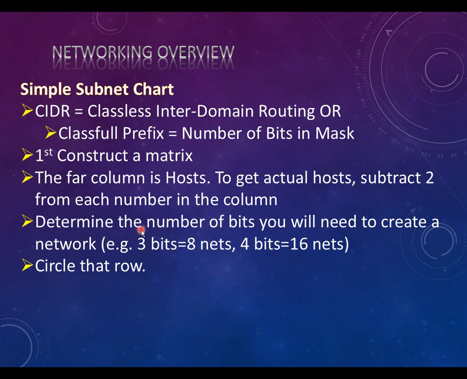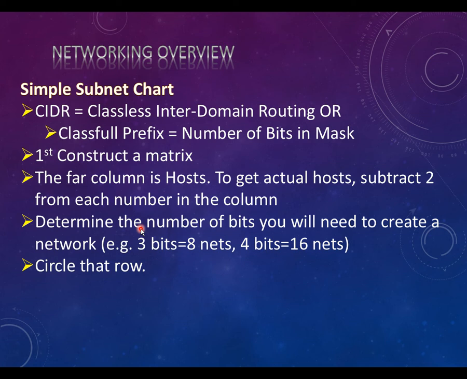And to determine these numbers, you're going to need to know how to count in powers of 2. So for instance, if you borrow 1 bit, you have 2 networks. If you borrow 2 bits, it's 4 networks. 3 bits, 8 networks. 4 bits, 16 networks. 5 bits, 32 networks, etc. The same thing applies for hosts, except that for each one of those numbers, you'll need to subtract 2.